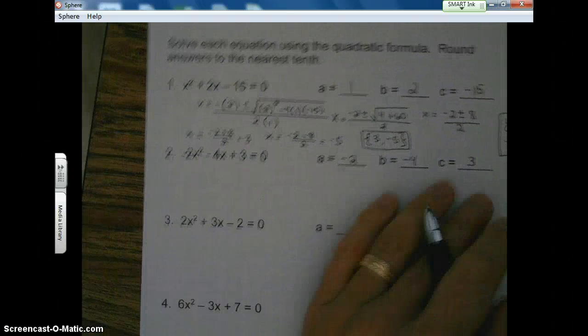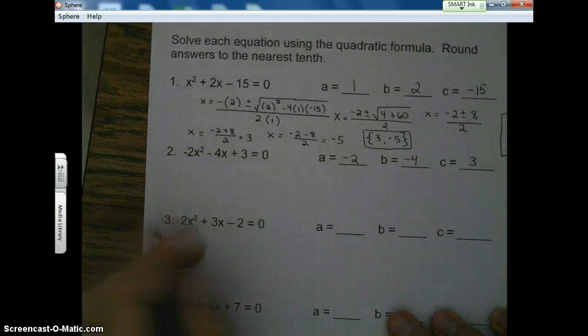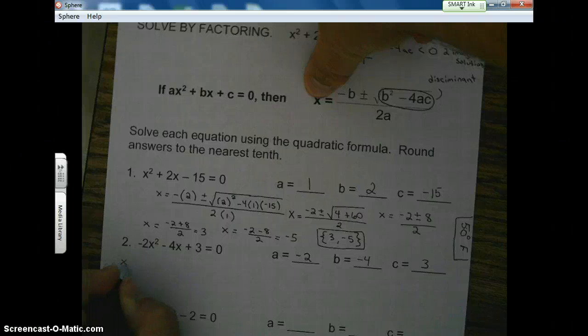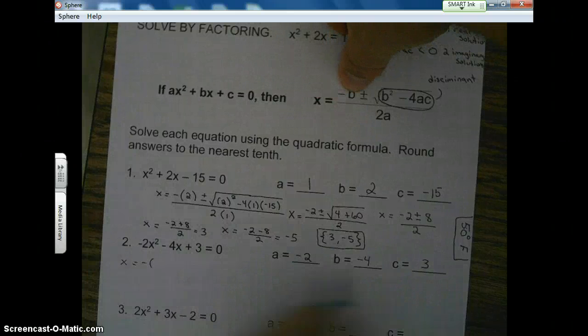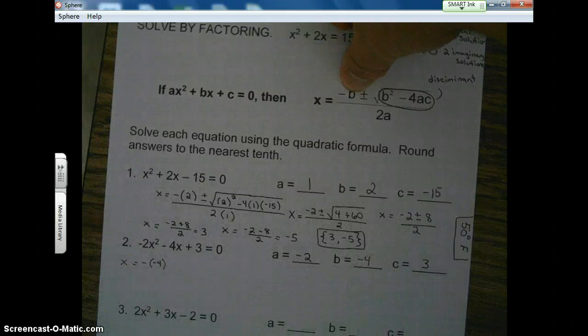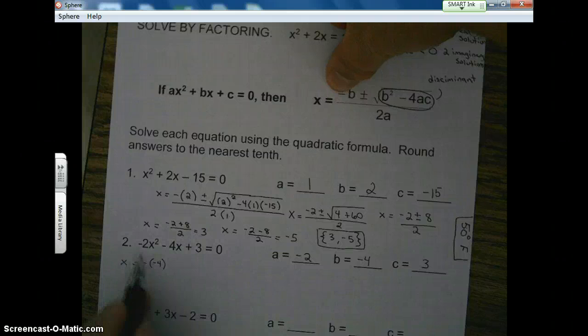Okay, let's plug our numbers into the quadratic formula. So we have x equals negative b. Now our b value is negative 4, so negative 4 goes in where the b is. Remember, the negative on the b is part of the formula, so it has to go there.